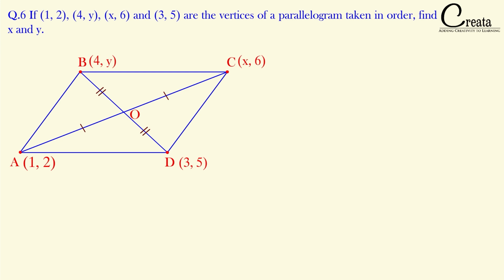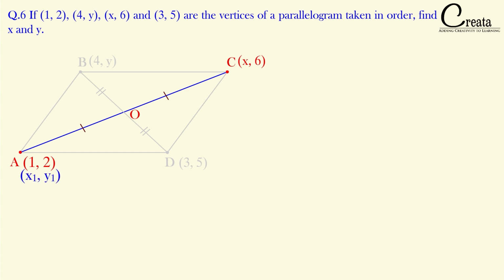So firstly, let's take the diagonal AC. Here let's assume (x1, y1) as the coordinate A and (x2, y2) as the coordinate C. Here the point O is dividing this line segment in the ratio 1:1. O is the midpoint of AC.